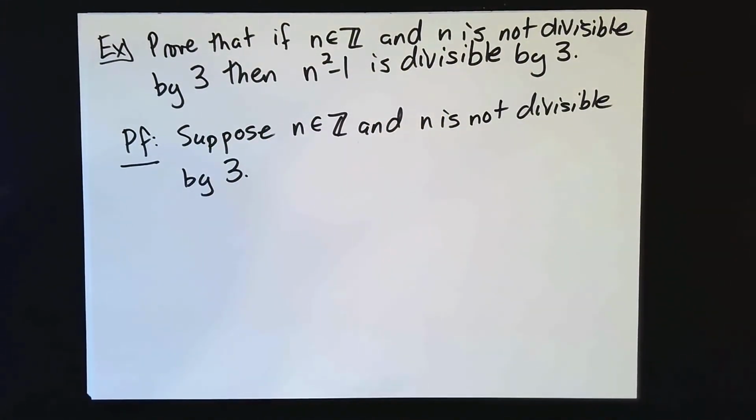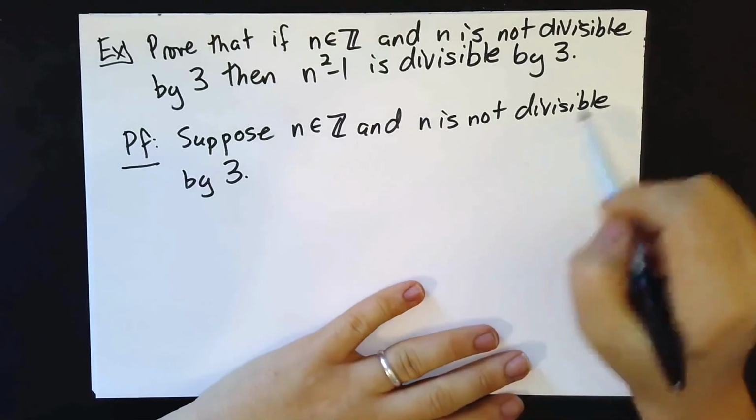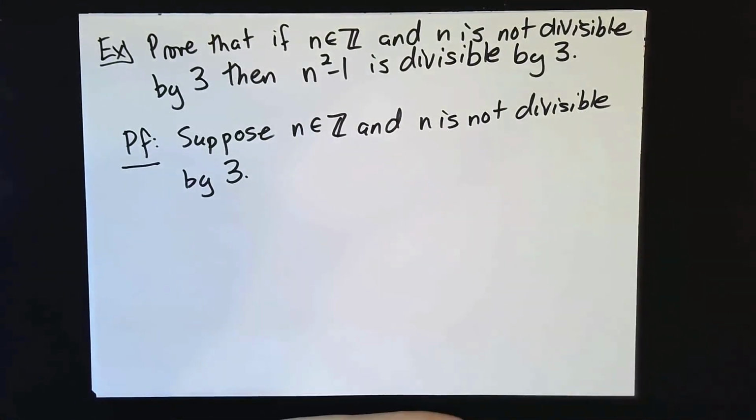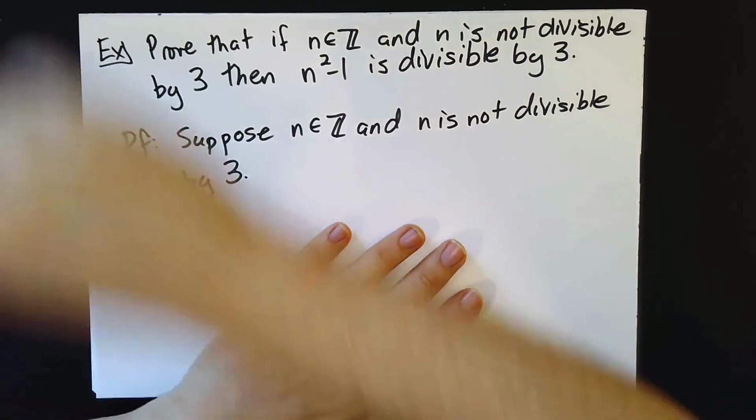And now, if I didn't know the division algorithm, I'd be kind of stuck, because the hypothesis n is not divisible by 3 is very unhelpful. It says something like, for every integer k, n is not equal to 3k. Well, that's not going to be super nice.